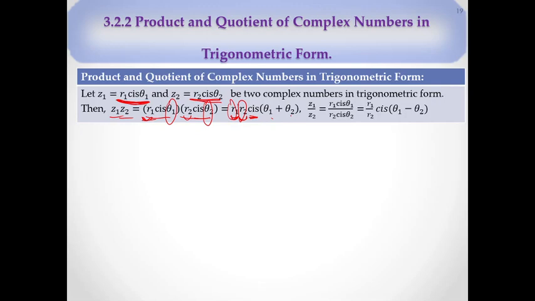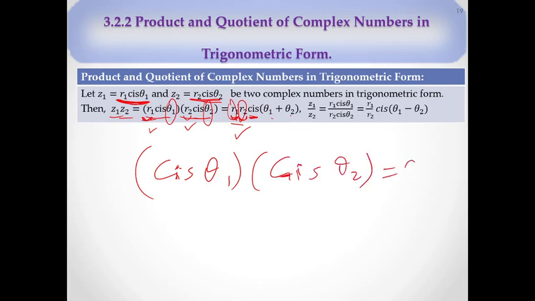So this is interesting. R1 times R2 is nothing interesting in here, but the interesting thing is this: CIS theta 1 times CIS theta 2 is equal to CIS of theta 1 plus theta 2.